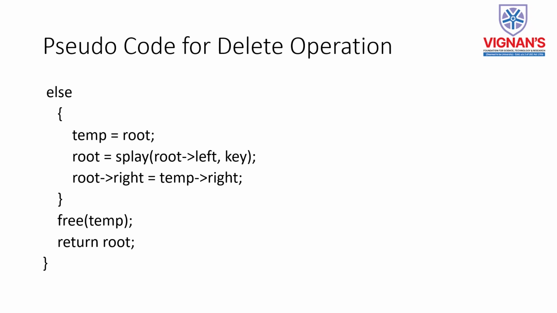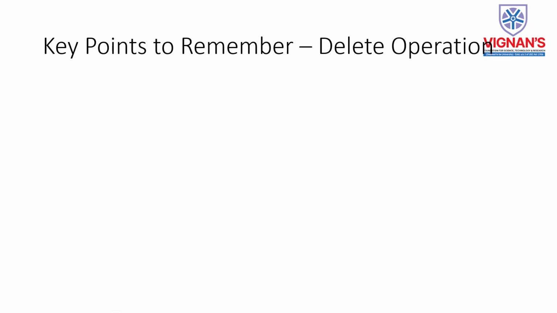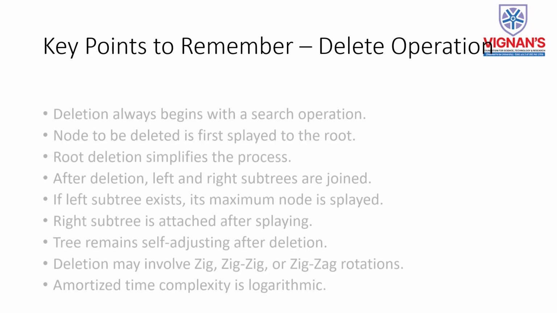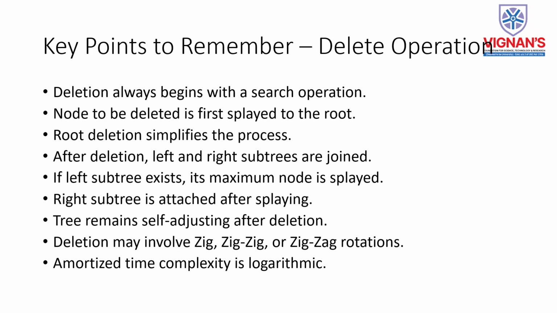Now let's remember the key points of delete in a splay tree. First, deletion always starts with a search. We search for the key and then splay that node to the root. Once the node is at the root, deleting becomes easy because we are removing the root directly. After deleting it, we take the left subtree and the right subtree and join them.